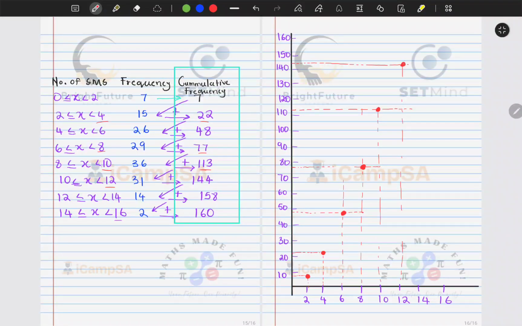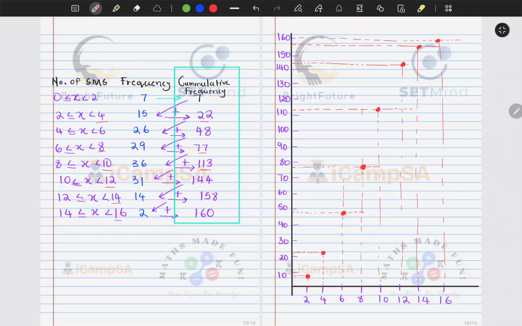Okay, somewhere there. And our 14 is at 158. So 158 is very close to 160. So that becomes our 14. Okay, it's meeting somewhere here. And then we have our 160. And that maps with 16.